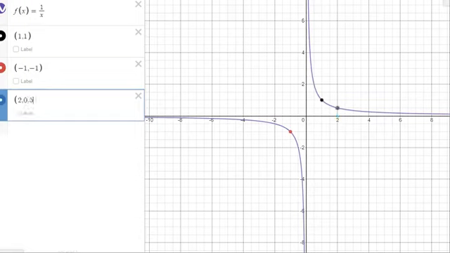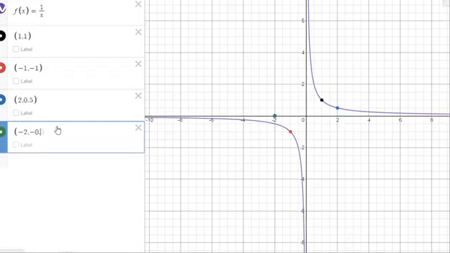I'll put 0.5. And you're going to have a point at, let's say, -2, -1/2, -0.5, right? And you can get other points as well by just plugging in different numbers for x. So that's what the reciprocal function looks like.